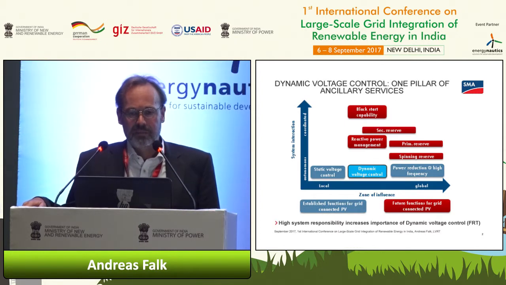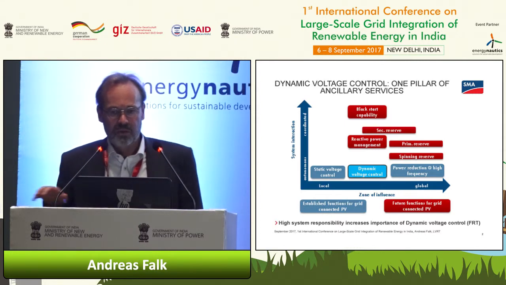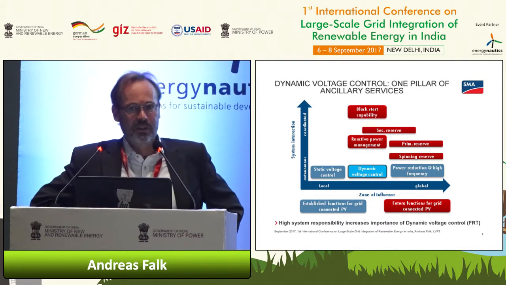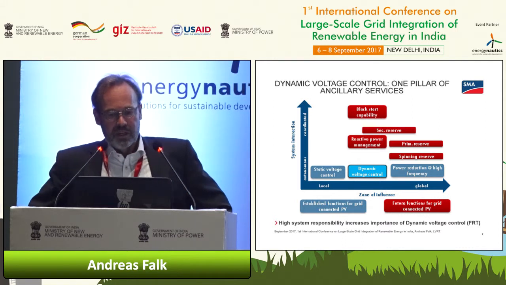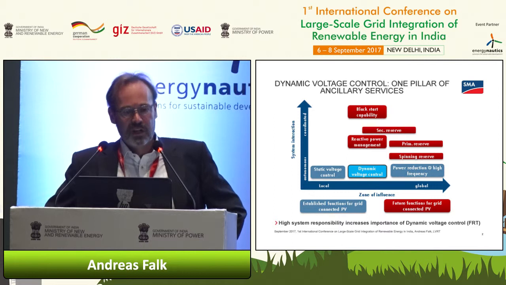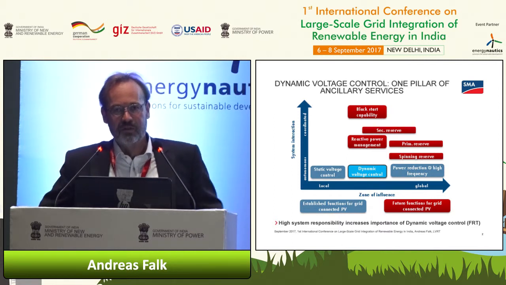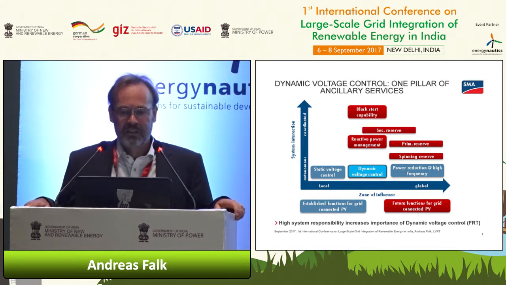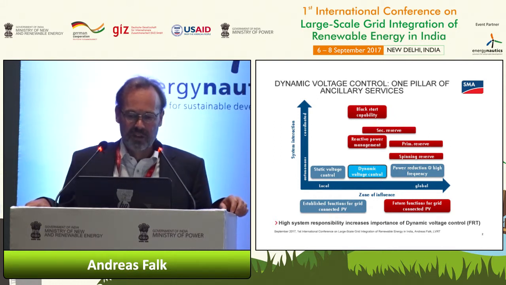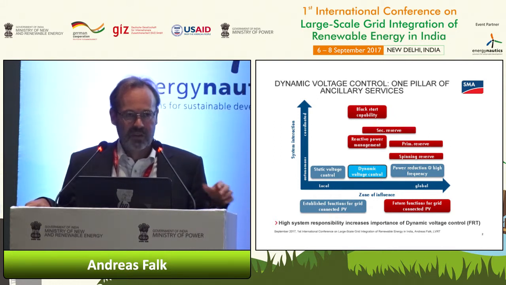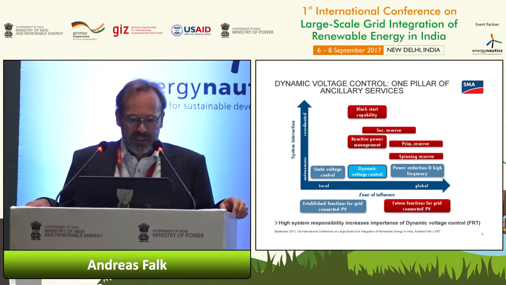Motivation is dynamic voltage control is one of the pillars of ancillary services. It is an autonomous function, that means that it is activated regarding the measurement at terminals of the power electronic device, of the inverter.